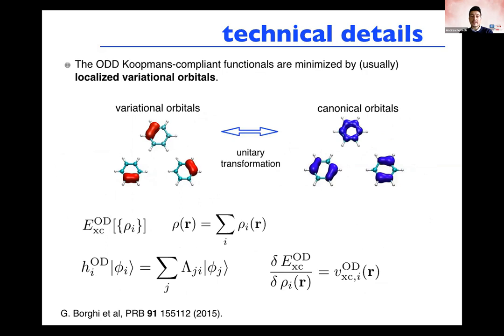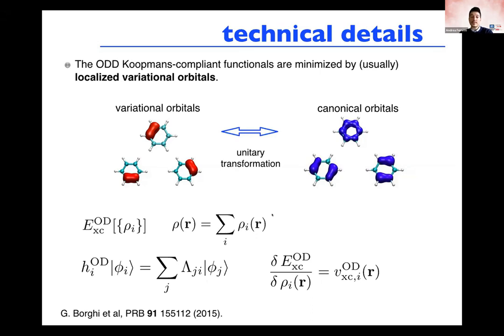And this basically introduces, when going to the Euler equation to minimize the functional, potentials that are orbital dependent. This is at variance with regular Kohn-Sham, regular DFT, where if one takes this derivative with respect to the density, it's just one potential because there is one density.